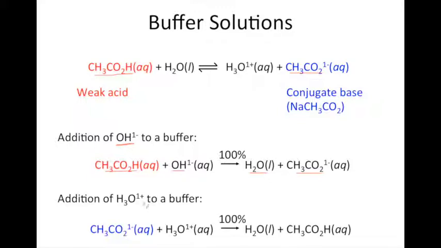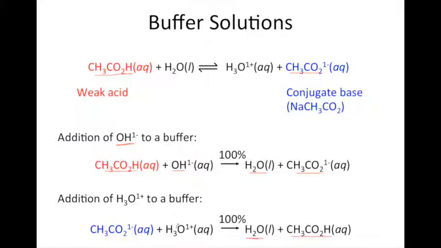Also, you could add a strong acid to a buffer solution. If you added a strong acid to a buffer solution, the strong acid would react with the conjugate base that is present. The strong acid would get neutralized. In other words, the strong acid would donate a proton to the conjugate base, forming water, which of course is neutral, and some concentration of the weak acid.